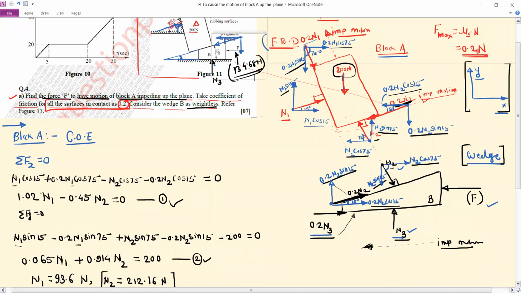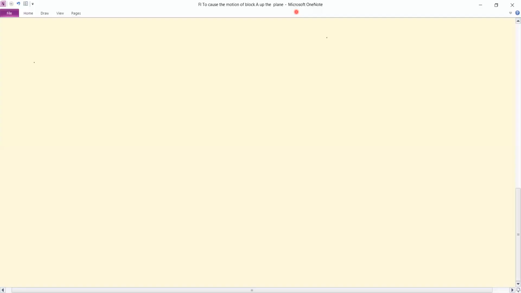So in this way, you can solve the problem on the wedge friction. Note down the next problem. So take this problem as a homework. So here, one block of 500 Newton is supported by another block of 1000 Newton.